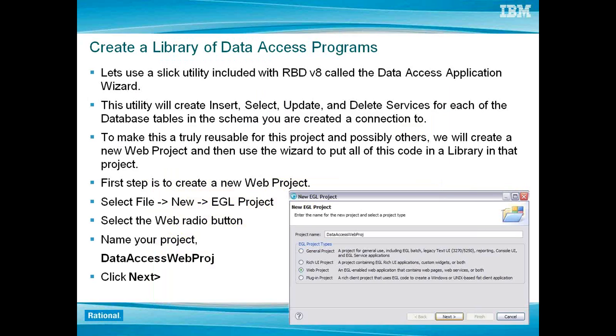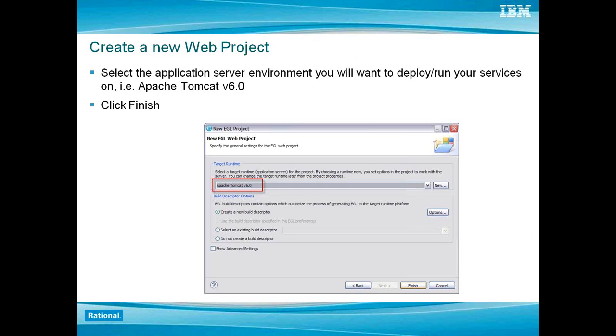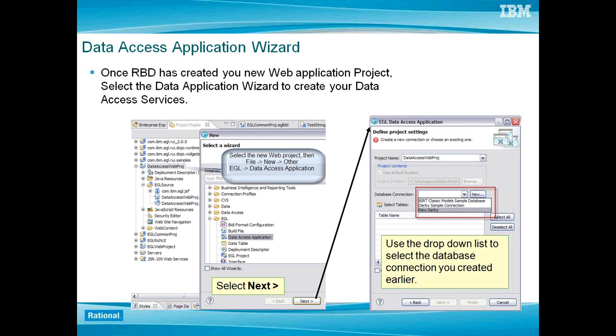To achieve this, first we will create a different type of project, which is a web project. During the wizard for creating the web project, we will select the server type and runtime environment, maybe Apache server or IBM WAS server, and then we will make a connection with the database.